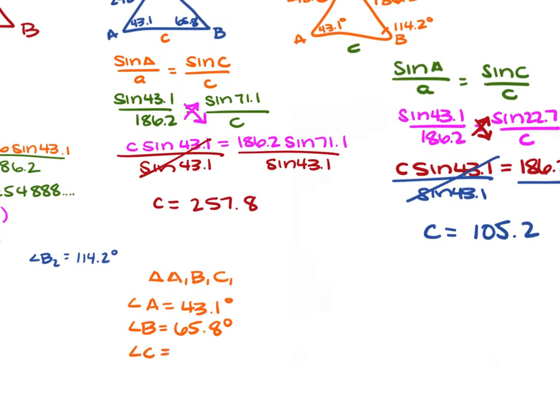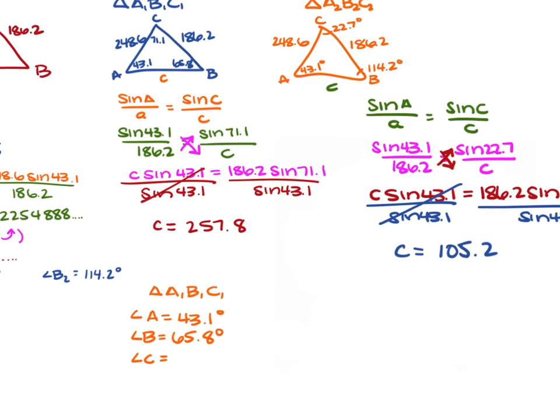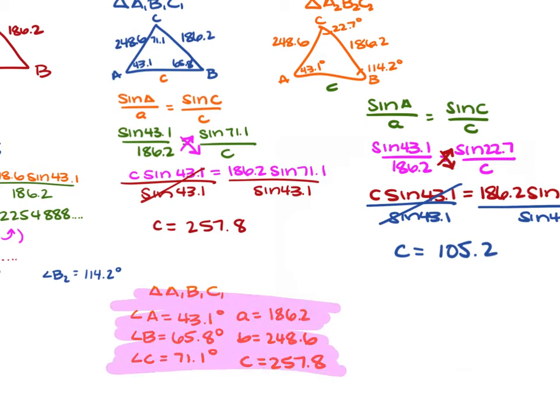And angle C, we said, was 71.1 degrees. Now your side length A, we said was 186.2. B is 248.6. And we found C to be 257.8. So that's one situation or one option here with these two solutions.